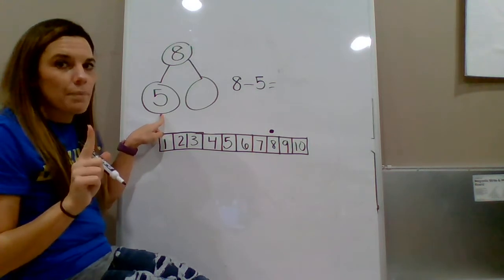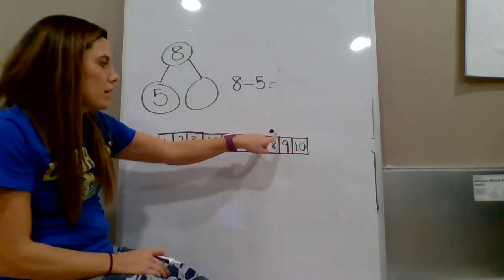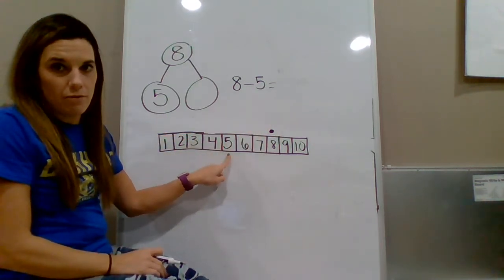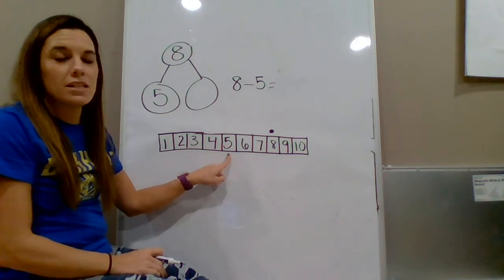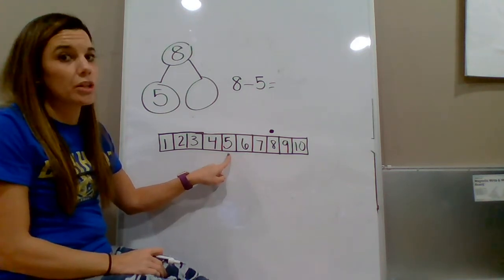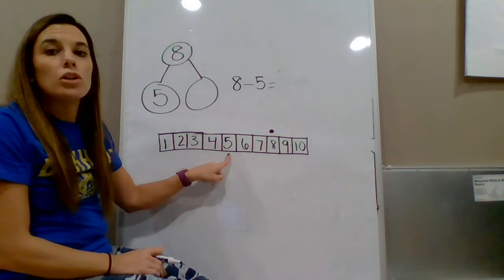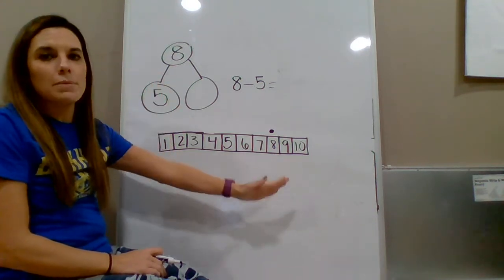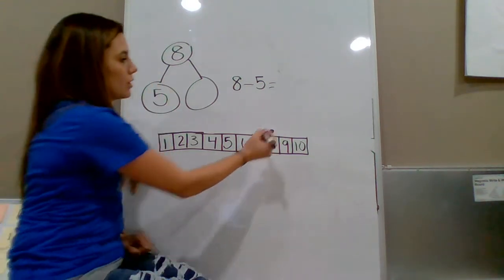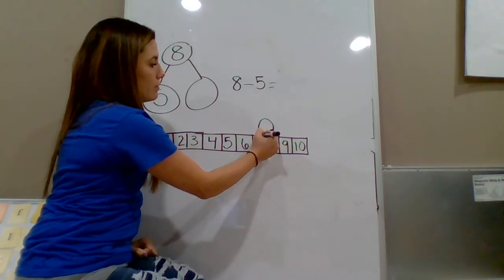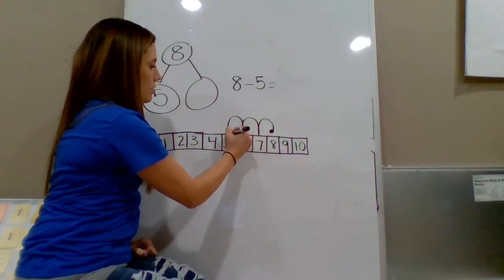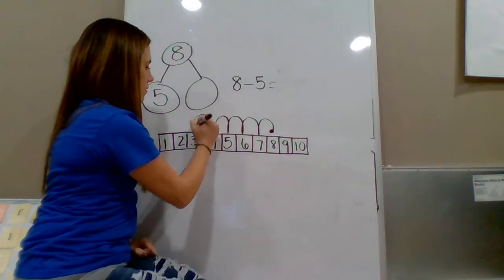Be careful. This does not mean that you're going to end on the number 5. 8 minus 5 is not 5. You're doing 5 bunny hops backwards. So count with me. Here we go. 1, 2, 3, 4, 5.